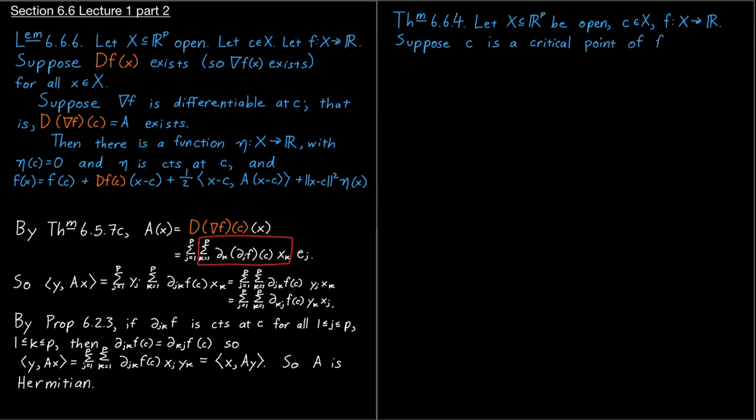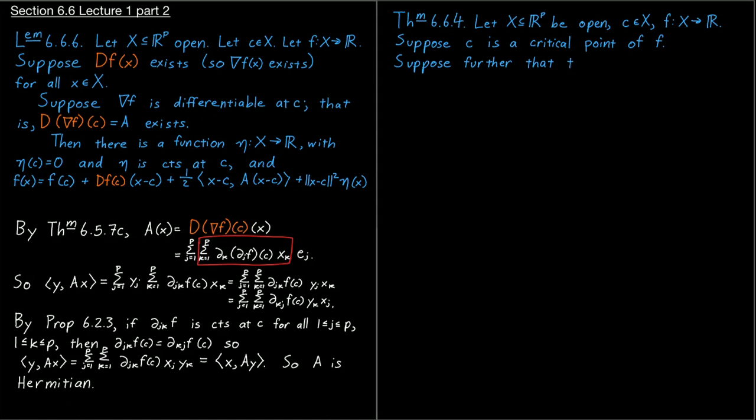Of our function f. And we're going to suppose further that the conclusion of lemma 6.6 and all the stuff coming after it, all the stuff we just wrote down, is true.